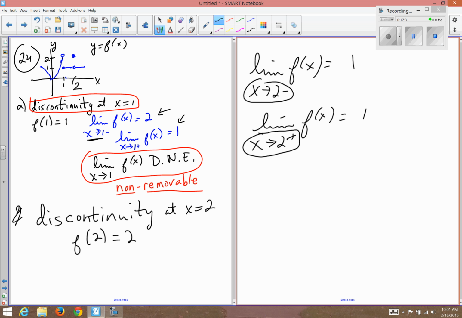You can see on the picture. When these are both 1, that means the limit of f of x as x approaches 2 is 1.